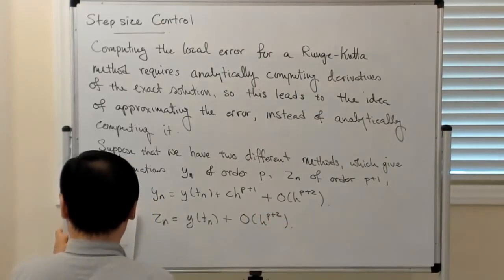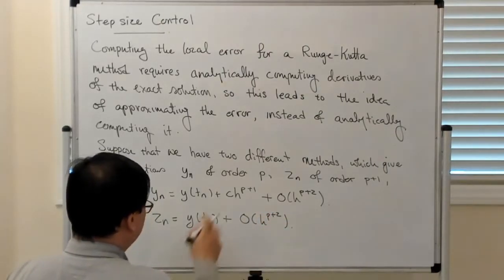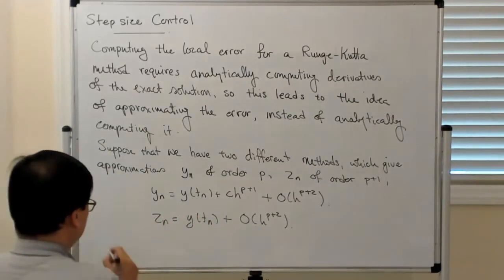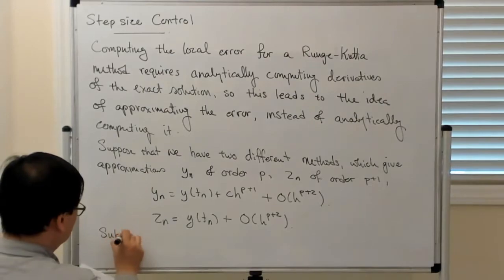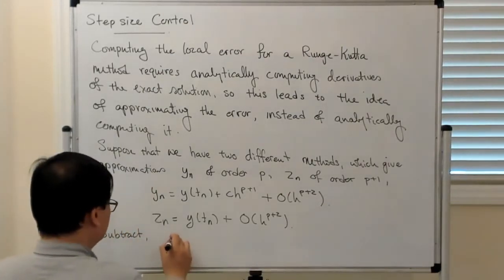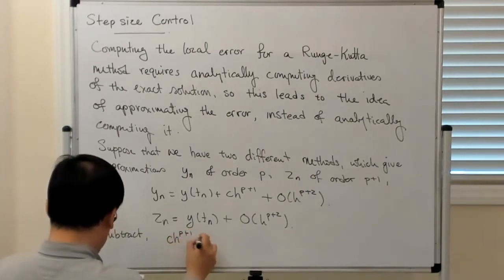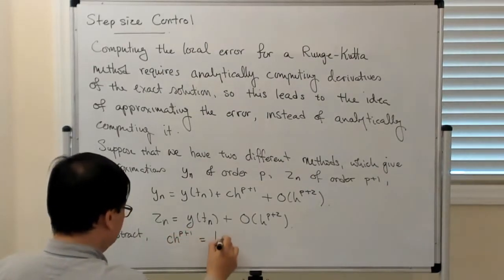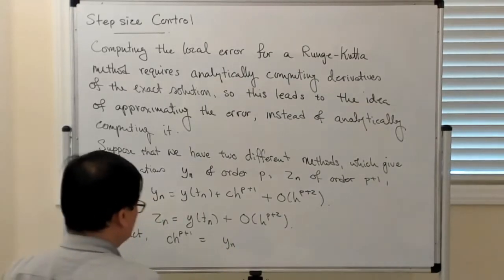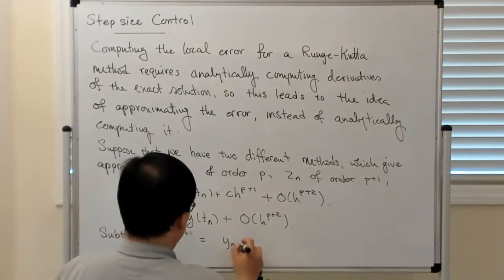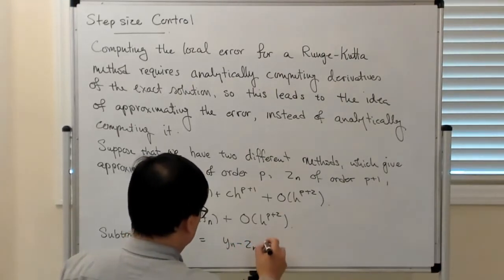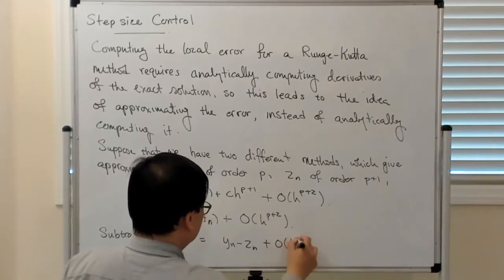Okay. So what we can do, obviously, is compare these two solutions. We can subtract one from the other, and you get Ch to the P plus 1 is Yn minus Zn plus something which is big O of H to the P plus 2.